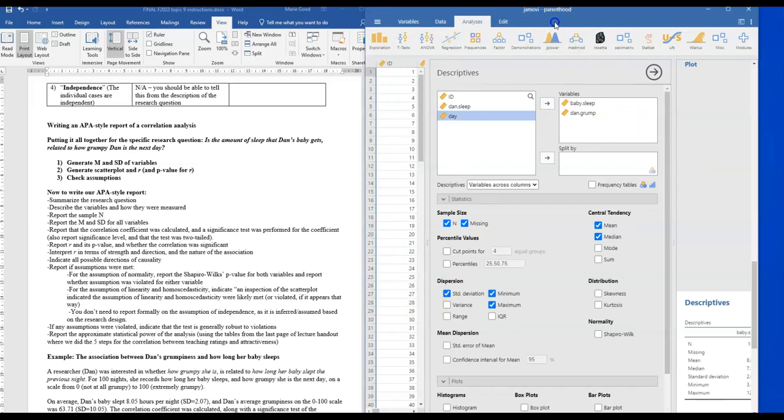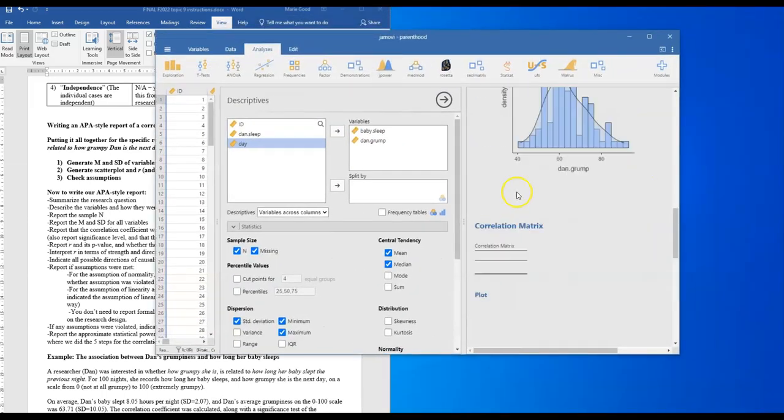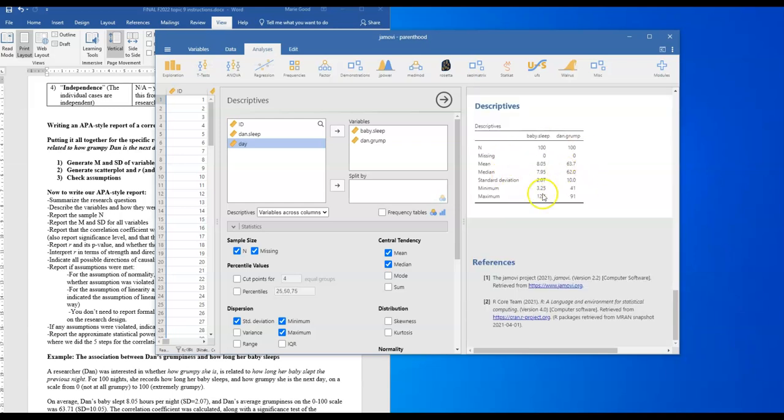We are just going to look at the mean and standard deviation as the first part of our analysis, right? So we're noting the average number of hours of sleep the baby got, looking at the standard deviation a little bit to get a sense of the spread of the distribution, and doing the same thing for Dan grump.